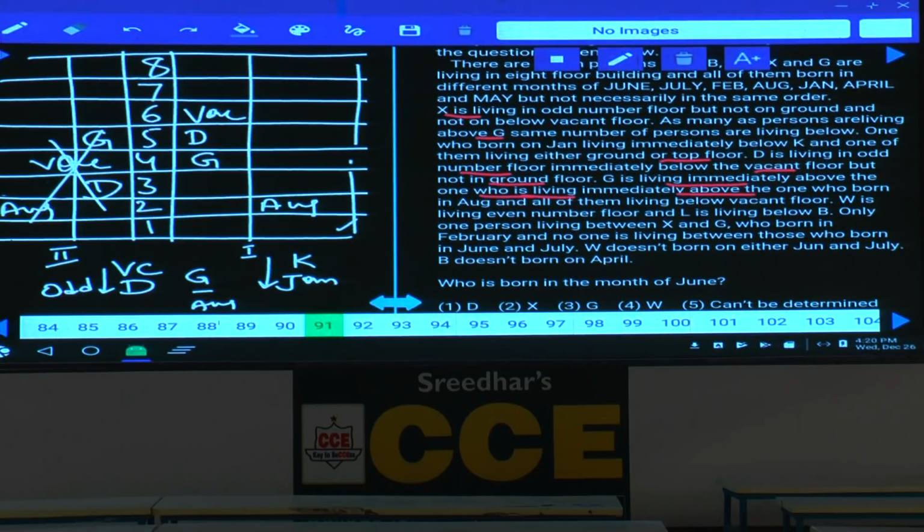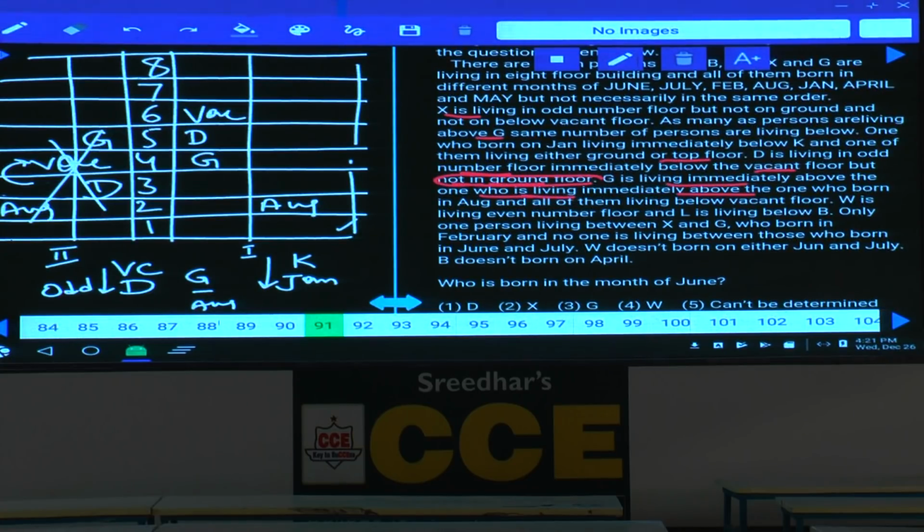Because the word immediate is given. Then D cannot be on the first floor, isn't it? Below the vacant floor but not on the ground floor. This information is given, isn't it? And this case is completely ruled out.